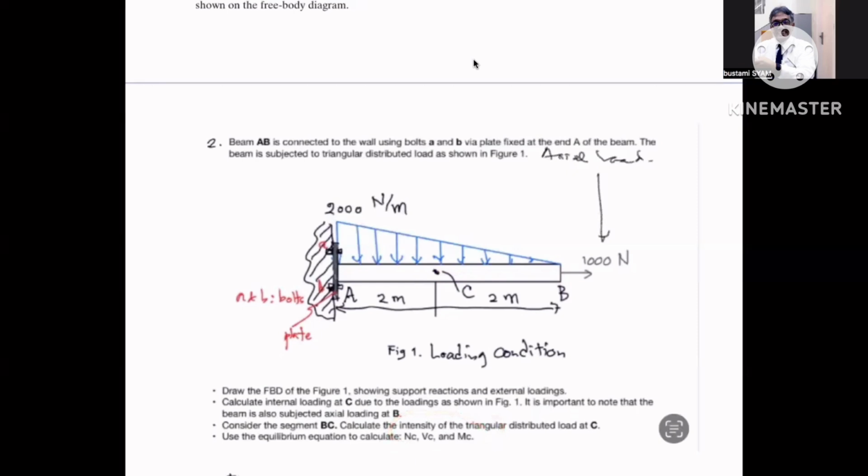What is the normal load or force at C? And what is the shear force at C and the moment that acting at C? So that's the problems, very clear.